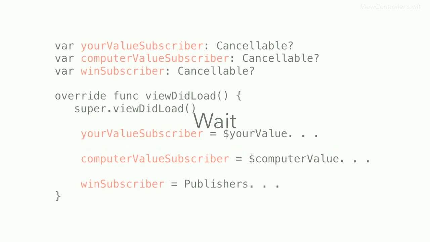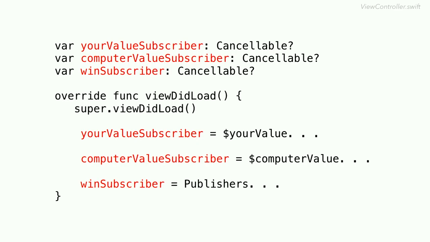Now, I used to have a methodology called hate-driven development. And hate-driven development says I look at code that I hate and I get rid of it, and I really hate that I created a value subscriber for you, for the computer, and a win subscriber, and then I set them somehow.